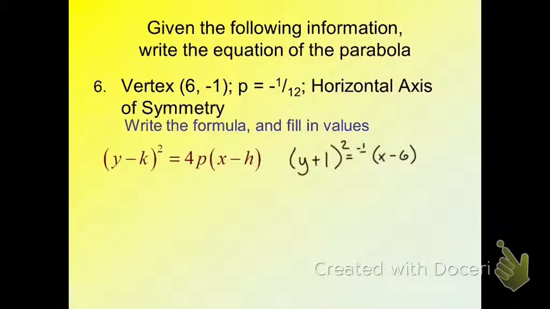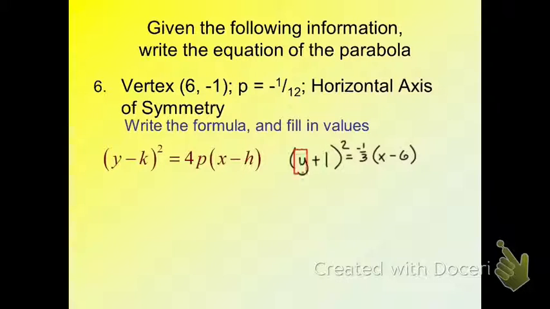I do want to make a point here, since we just went from vertical and now we're with horizontal. A lot of people make this mistake. This spot right here in the first set of parentheses, that is not the designated spot for the x value of the vertex. A lot of people always think that the first set goes with x. The second set of parentheses, I put the y value in there.